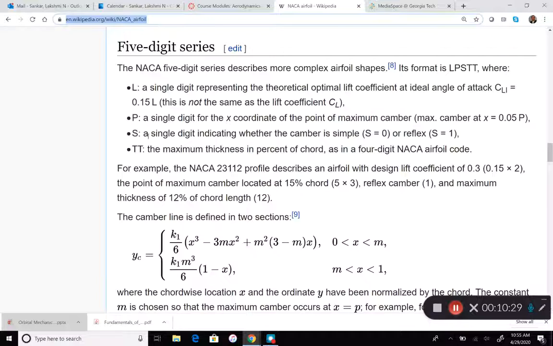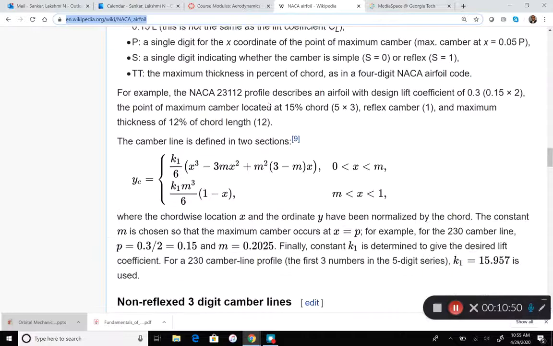S is a single digit, asking whether the camber is a very simple curve like a parabola. Does it have a reflex? That means does it have a convex part as well as a concave part? That's all this one is. This number 1 is. Okay. Then finally the 12 means 12% thick. This is a 5-digit series airfoil.